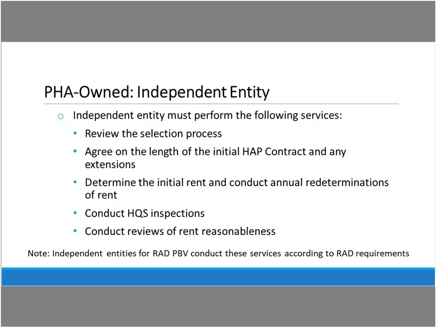So matters relating to selection, determining rents and contract term, and the physical inspection of the units. Those tasks need to be performed by an independent entity if the housing choice voucher administrator is party to the ownership entity of the project that is receiving the vouchers.